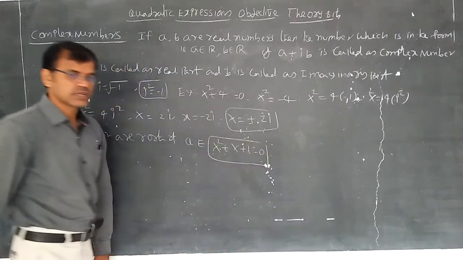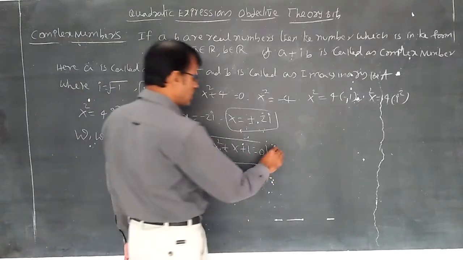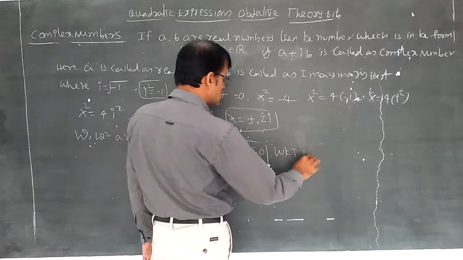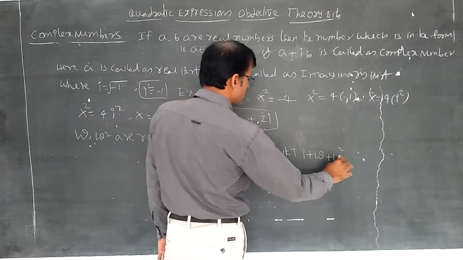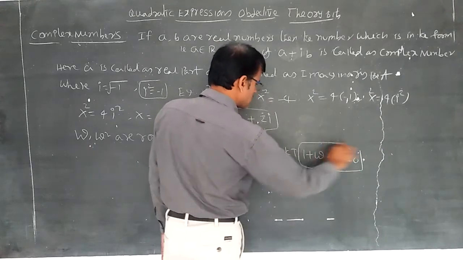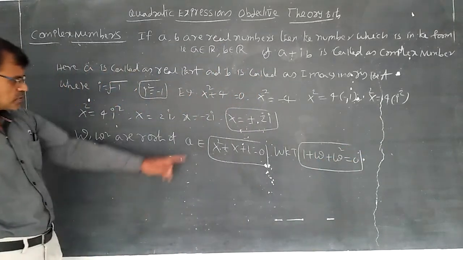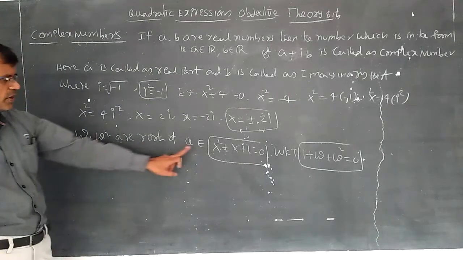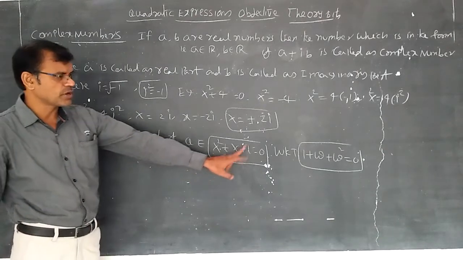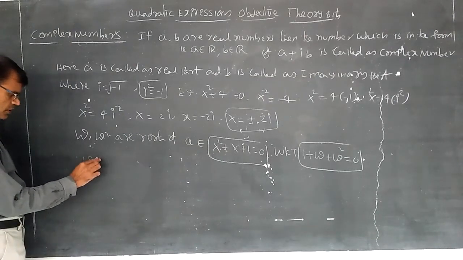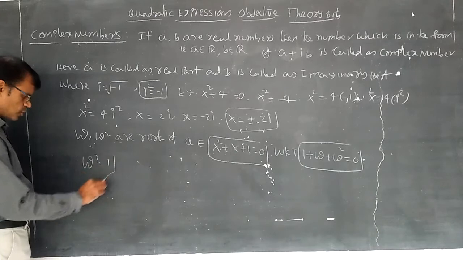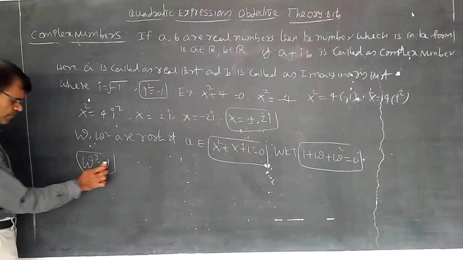I think in first year you have learned this formula: 1 plus omega plus omega square is equal to 0. The concept I want to discuss with you is that omega cube is equal to 1. This is a formula.